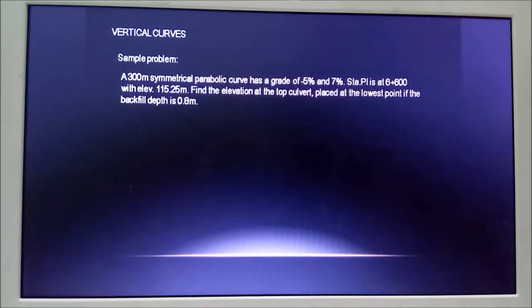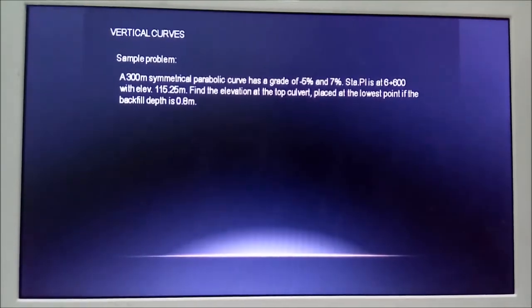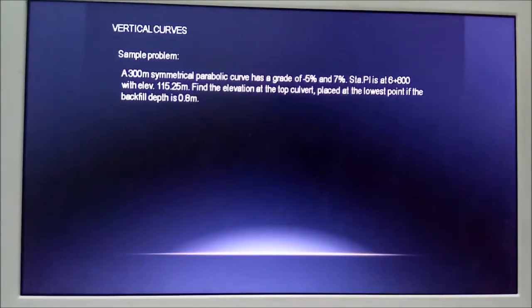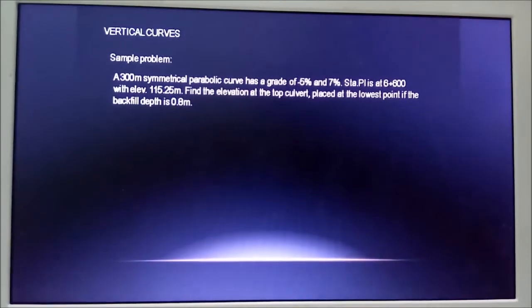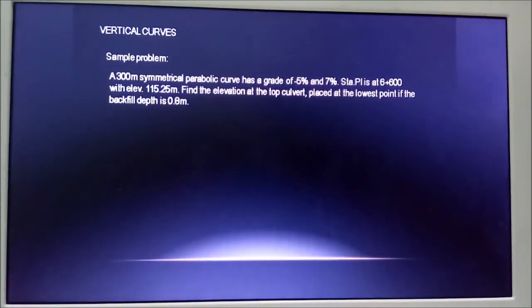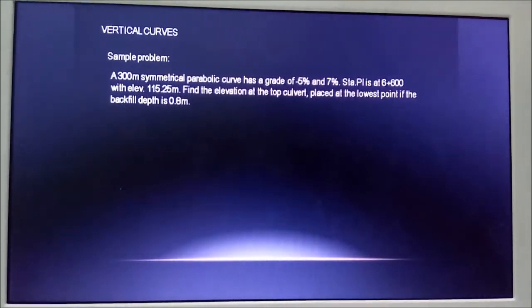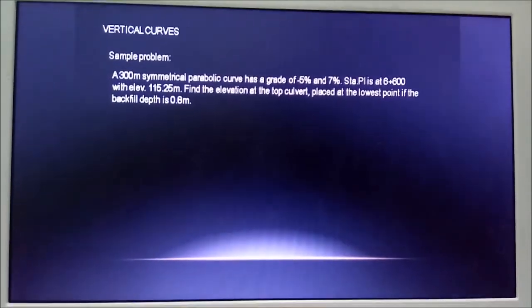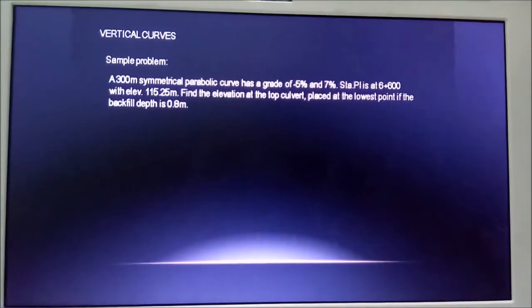Sample problem. A 300 meter symmetrical parabolic curve has grades of -5% and 7%. Station PI is at 6 plus 600 with elevation of 115.25 meters.